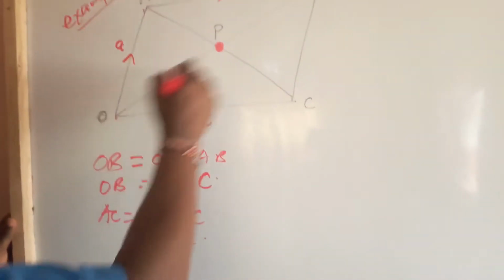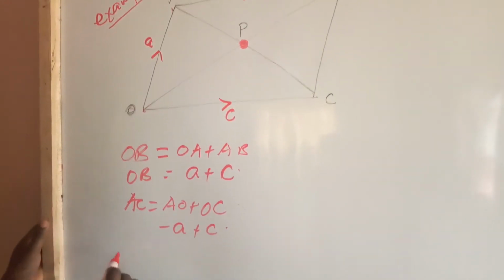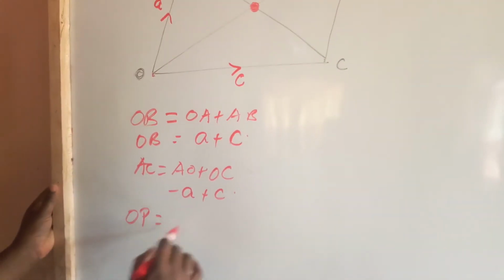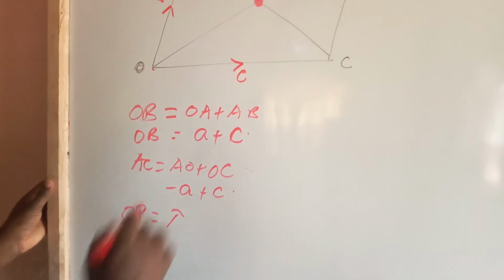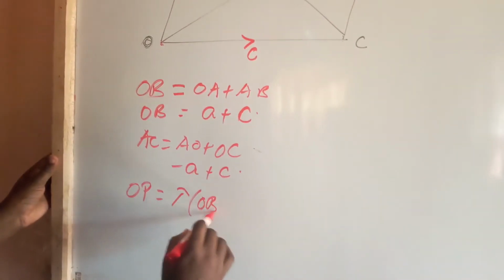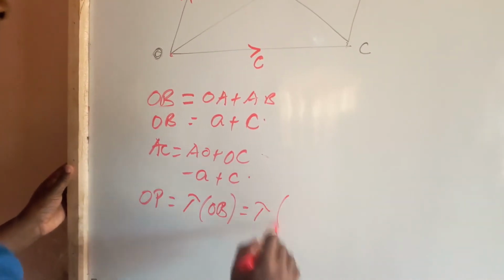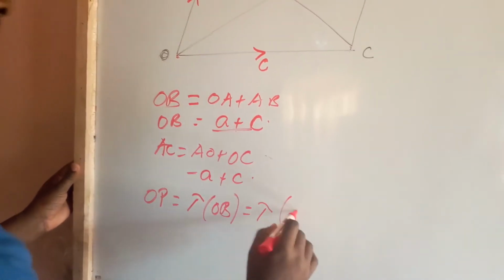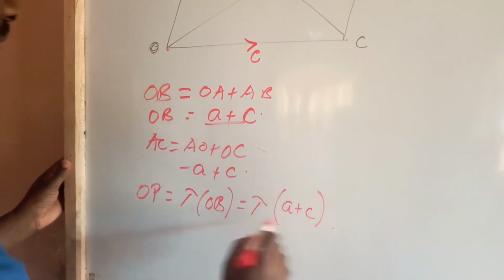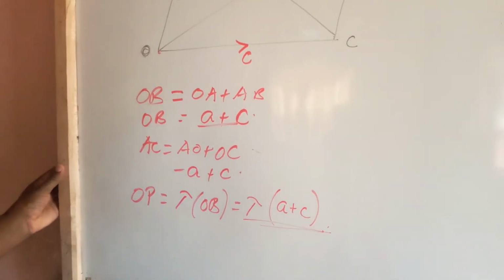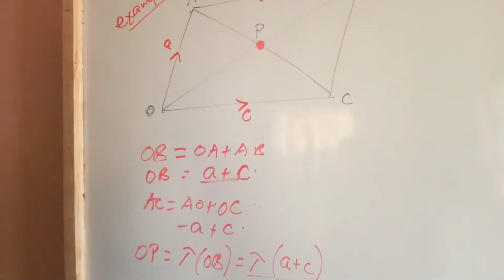Now that P lies on OB, we can easily say that OP is a fraction, call it lambda, of OB, which is lambda times (a plus c). That is when we are moving directly from O to P.